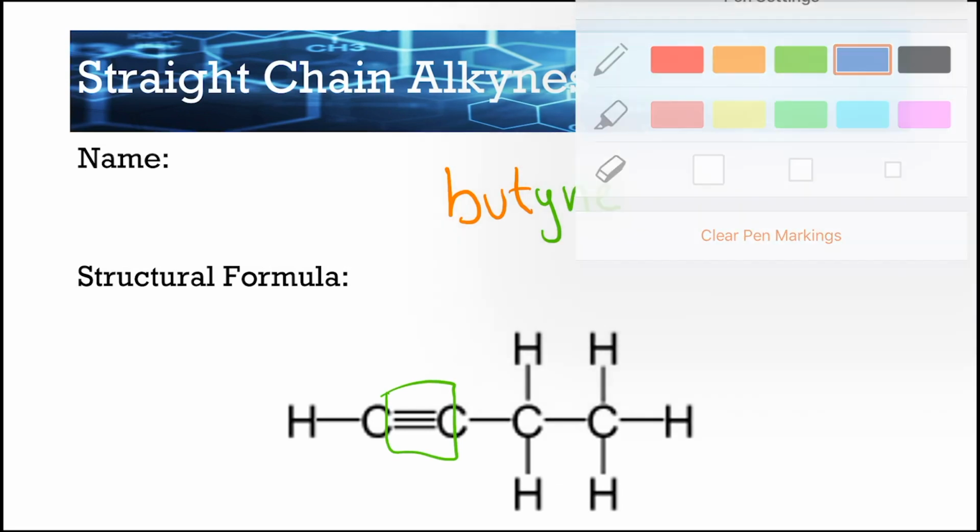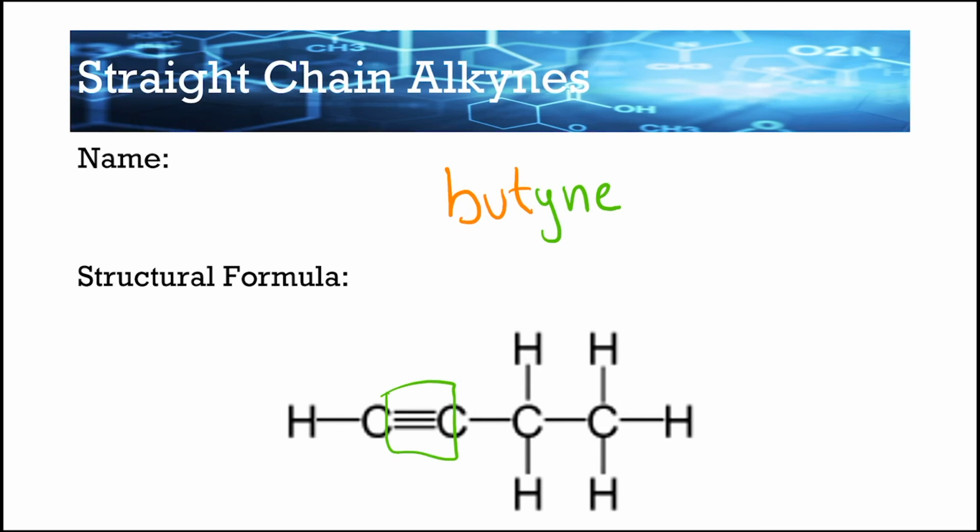And then we gotta tell the world where this triple bond lives. And so if we label it 1, 2, 3, 4, or 1, 2, 3, 4, it can start on either carbon 3 or carbon 1. And again, we have to use the smallest number, so it would be 1-butyne.